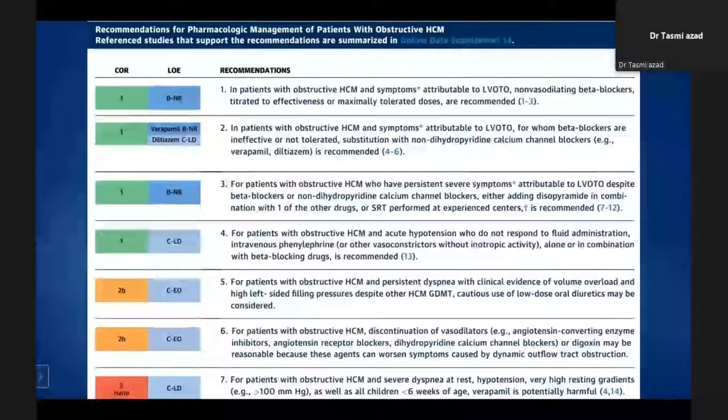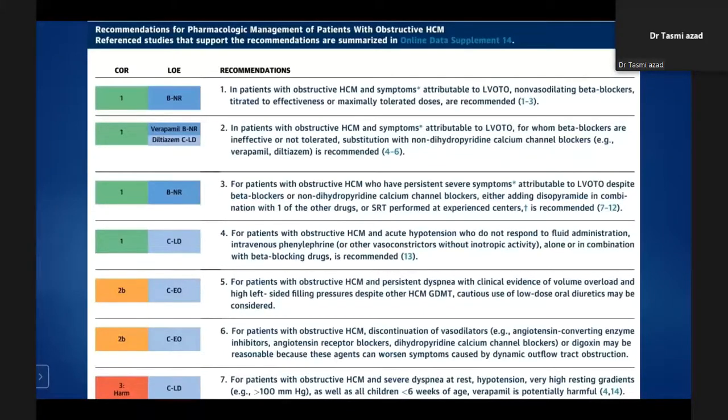So, recommendation for pharmacological management with obstructive HCM. In management of a hypertrophic cardiomyopathy patient, medical treatment is first line, where we will choose a non-selective, non-vasodilating beta blocker.